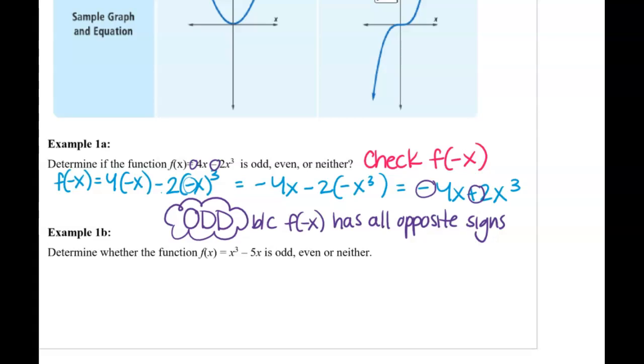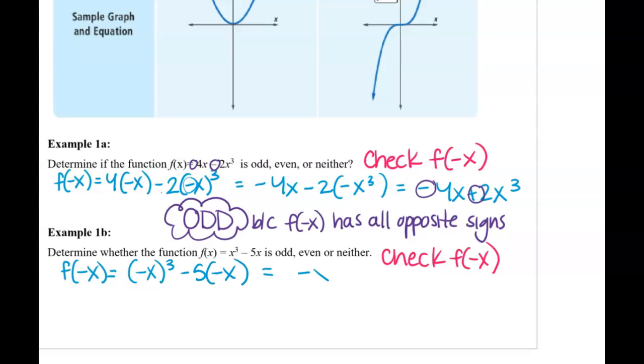Now let's look at x cubed minus 5x. So we're going to check f of negative x again. So f of negative x is negative x cubed minus 5 times negative x, which is negative x cubed plus 5x. Let's look.